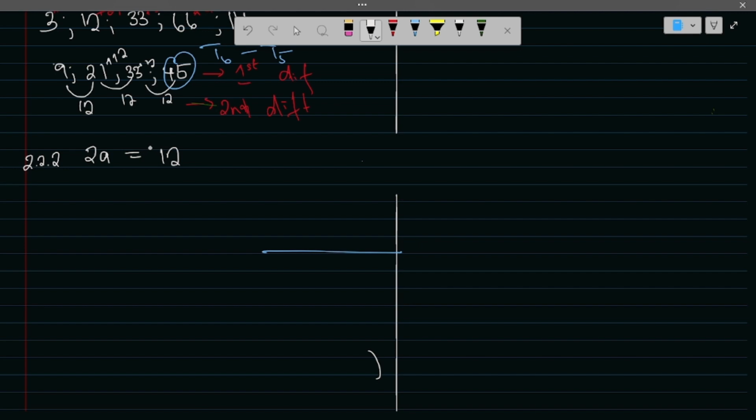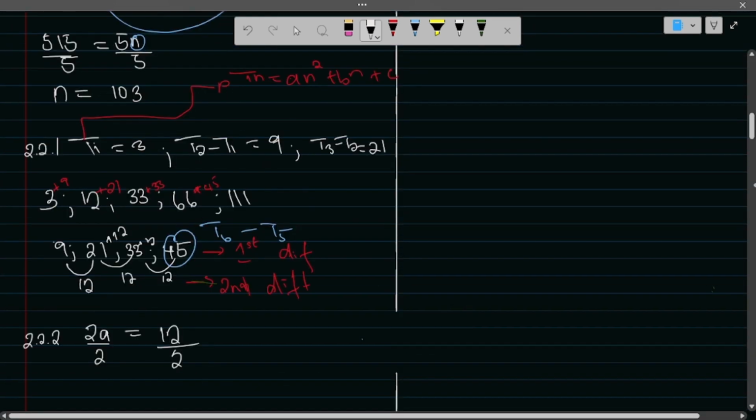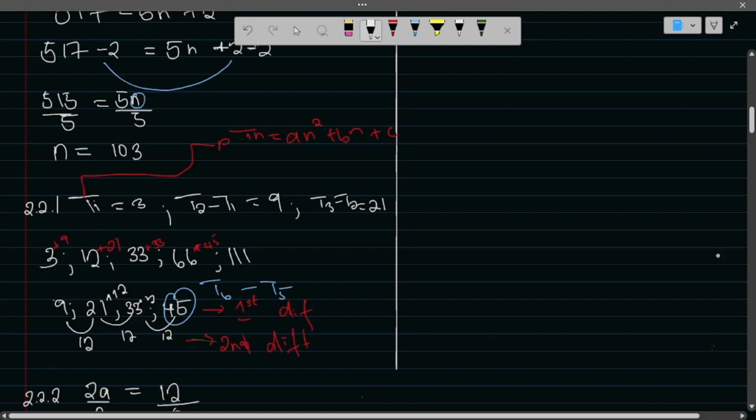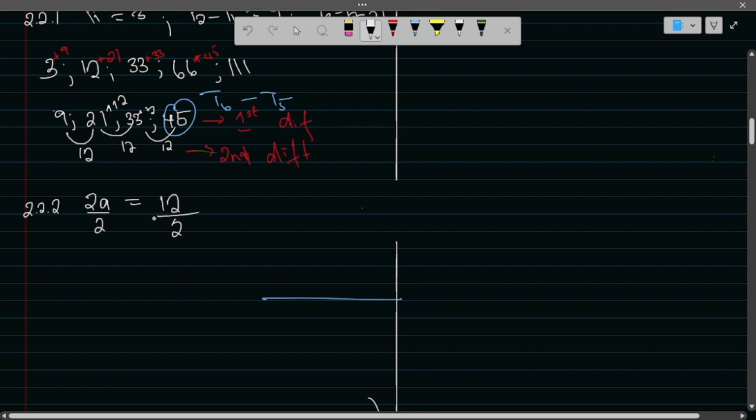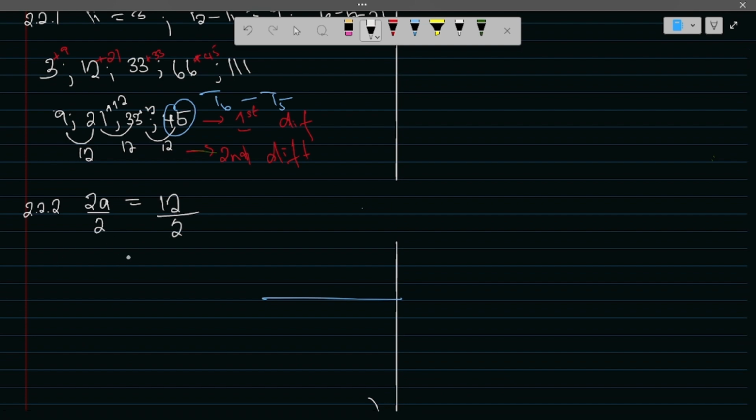For you to find the a of the quadratic pattern, you have to divide by 2. So 2a equals 12, therefore a equals 6.